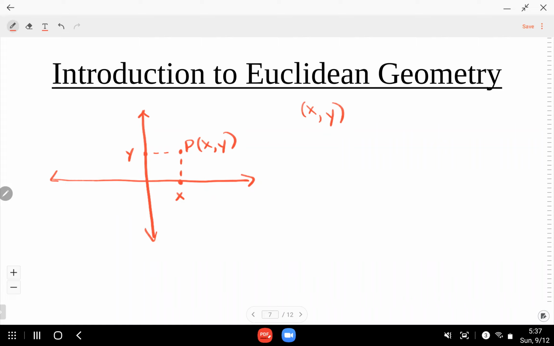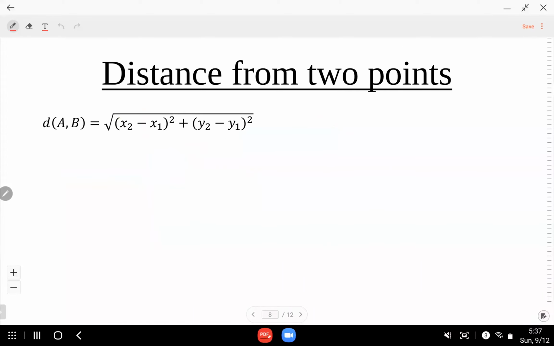First, you can now find the distance between 2 points very easily. You can also find midpoints. There's tons of new stuff you can do with this, right? So that is our introduction to Euclidean geometry. These are two basic concepts of what we work with in coordinate geometry, all right?